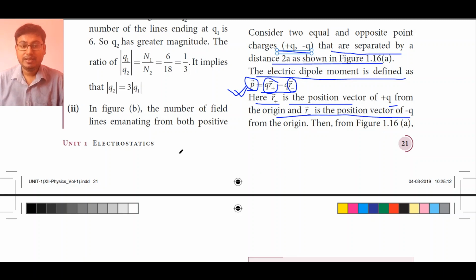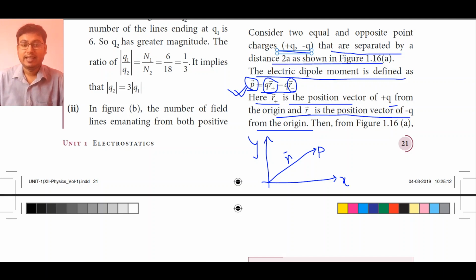See, whenever we say position vector, what does that mean in physics as well as in mathematics? Taking the reference of mathematics, coordinate geometry, or vector algebra, suppose this is your x-axis and y-axis. Take a vector starting from the origin and going anywhere, suppose to point P. So this is called the position vector, vector r.